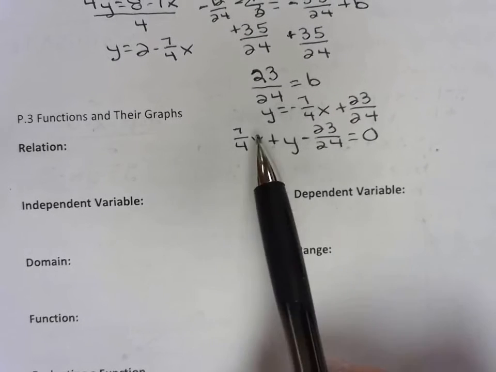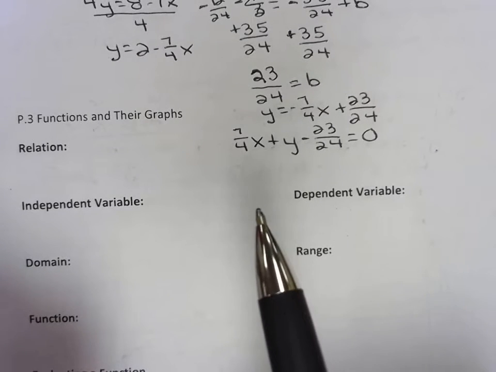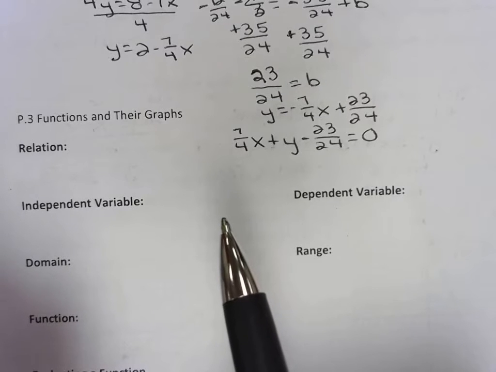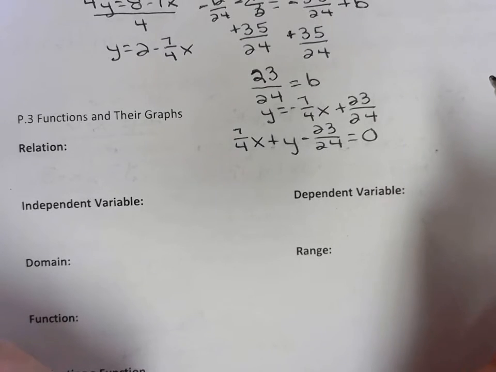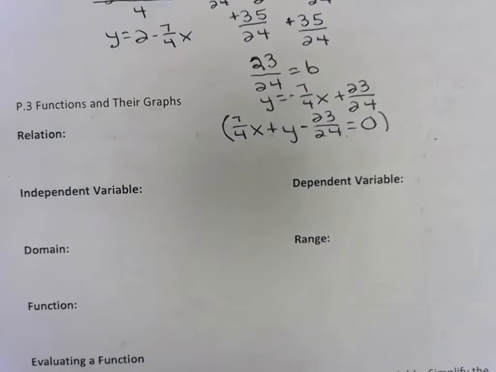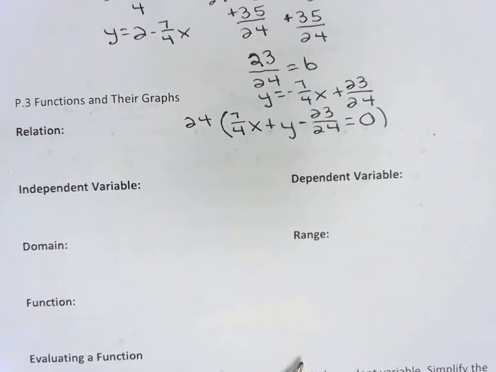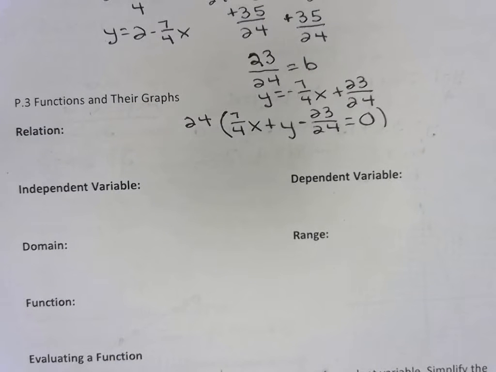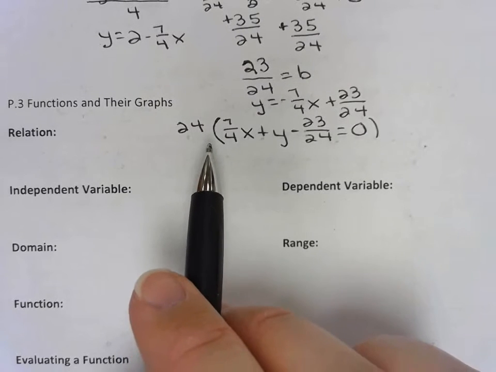So what can I do to everything to get rid of the fractions? Remember? I can multiply everything by what? So what can I multiply every term by to get rid of the fraction? 24. So if I multiply everything by 24, because I need to get whole numbers, 24 times 7 over 4 will leave me what?